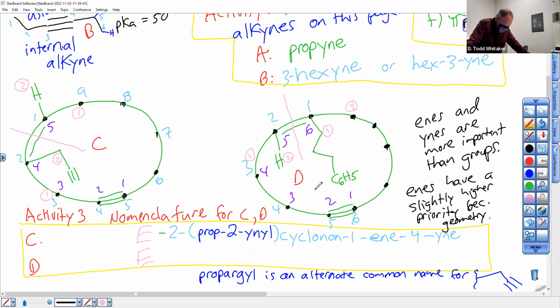And over here, we like the baby blue. We already discussed the baby blue. So we got a group on carbon 1. You better use the parentheses. You don't have a common name for that group. It's a phenyl attached to another group. Do you agree?